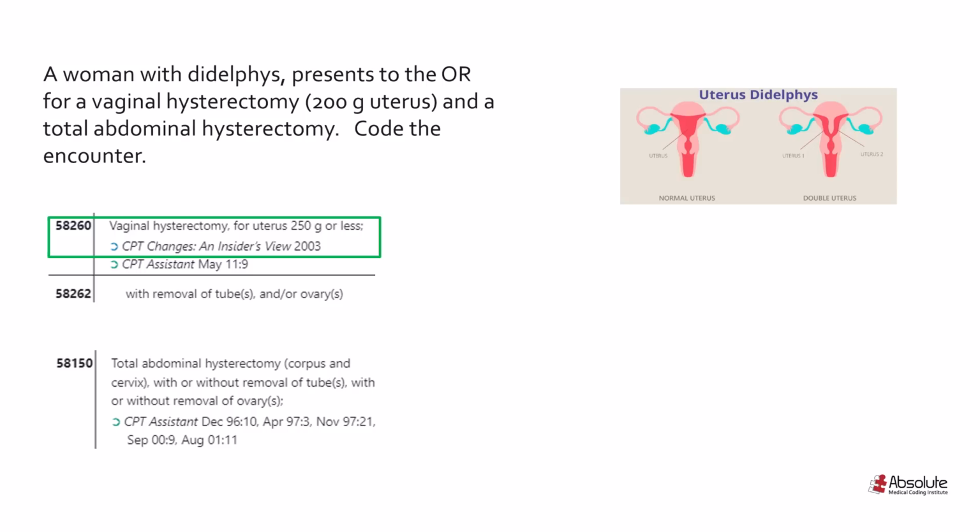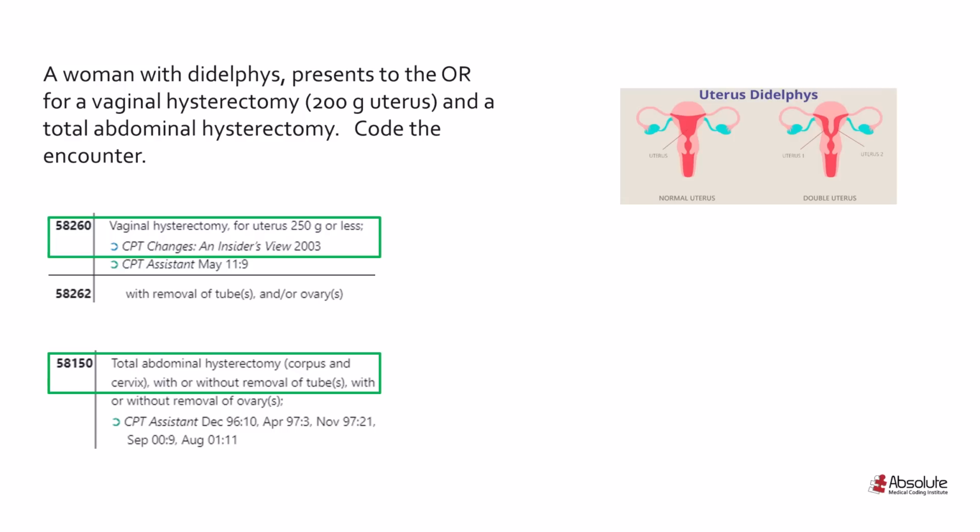Now, 58150, this is a total abdominal hysterectomy. I like this. All right, so I like 58260 and I like 58150. This is total abdominal hysterectomy with or without removal of tubes.